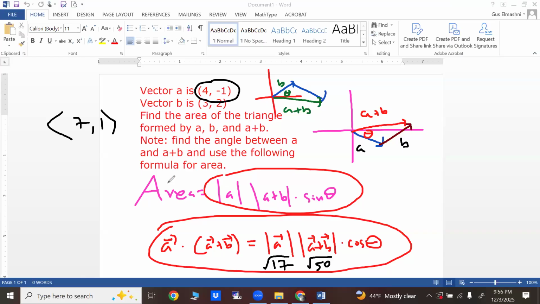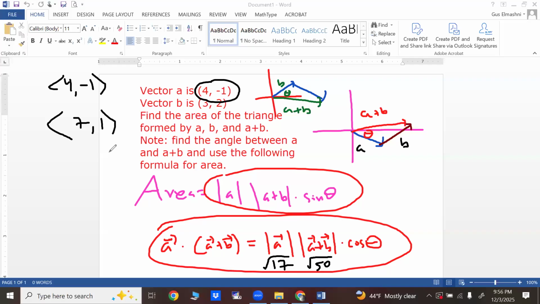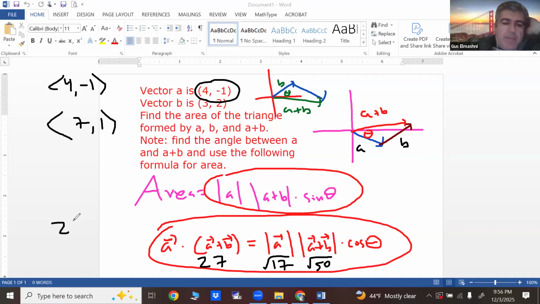Root 50. Good. What's the dot product between A and A plus B? 27. Correct. So 27 over root 17 times root 50 equals cosine theta. That's how you solve for theta.